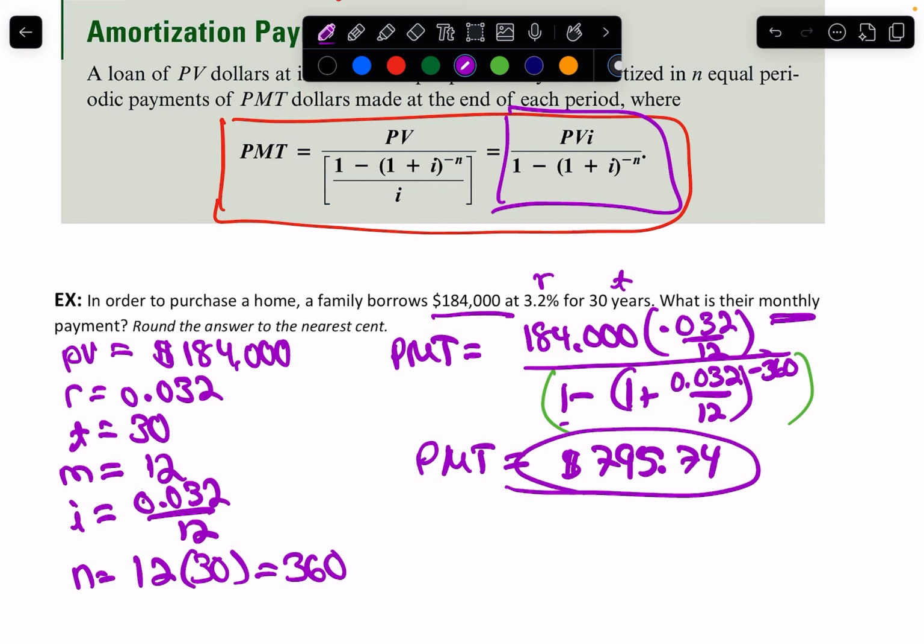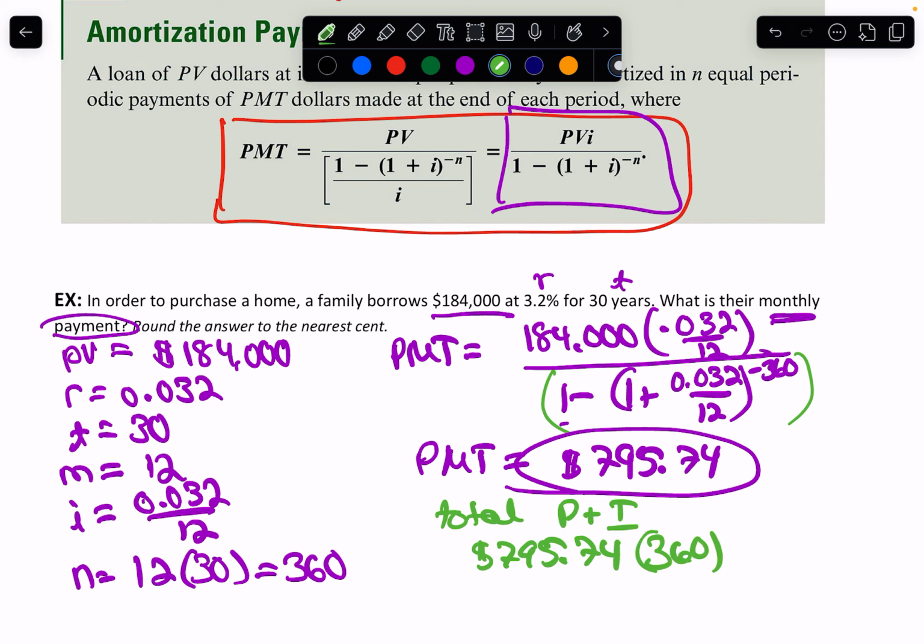So now, this was the question: what is the monthly payment? If we look at our total payments plus interest, $795.74 times 360, because that's how many payments there are, comes up to $286,466.40.